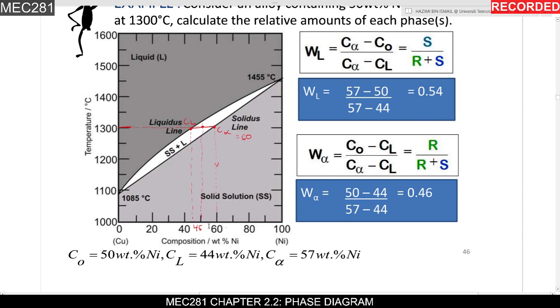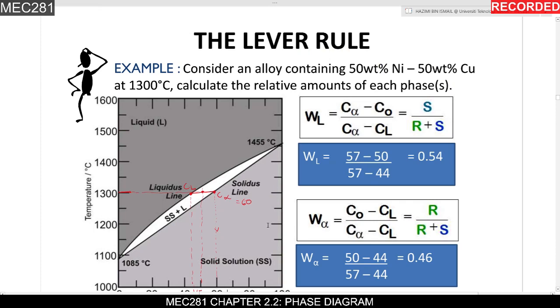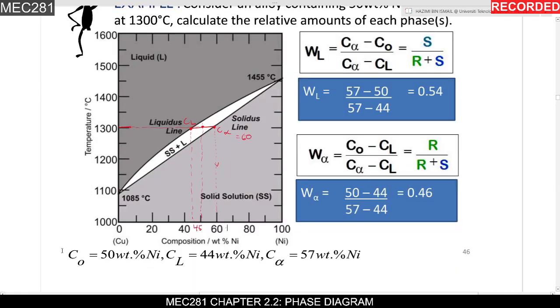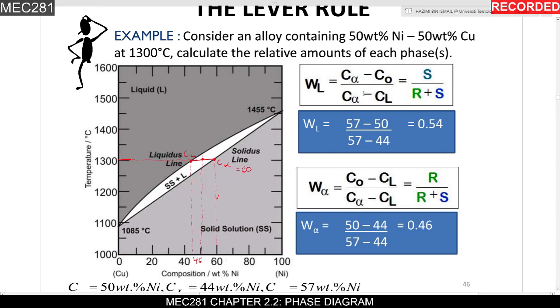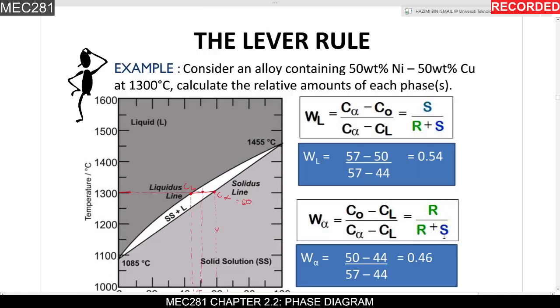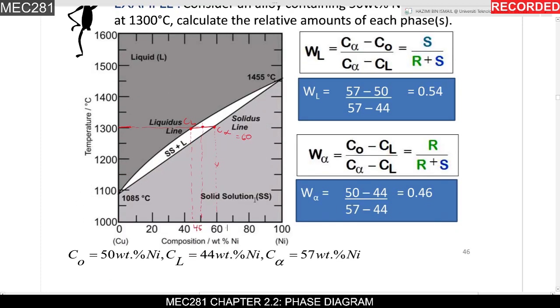And then the C0 is 50%, of course, our composition. So for the W liquid, you can calculate as I have shown before. C alpha is 57, not 60, and C liquid is 44.